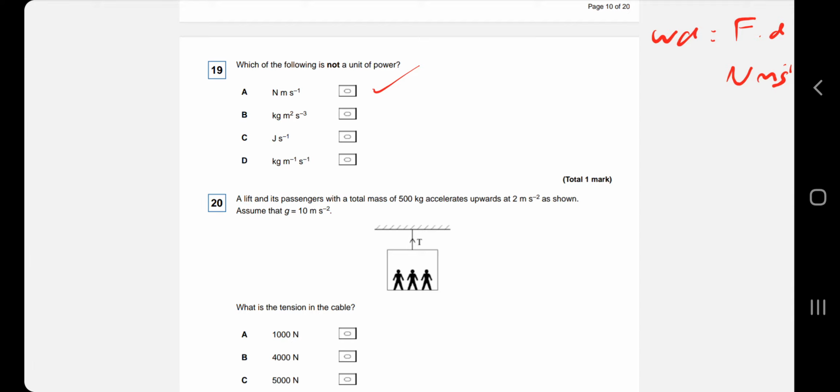The second one, part B, is more complicated. So we know that power is energy over time. And we know that energy is work done, which is force times distance. So we could say that would be equal to force times distance over time. Force is Newton's second law, so F could be equal to ma.